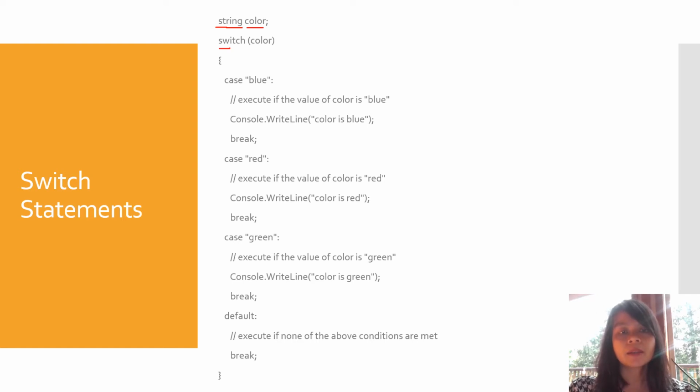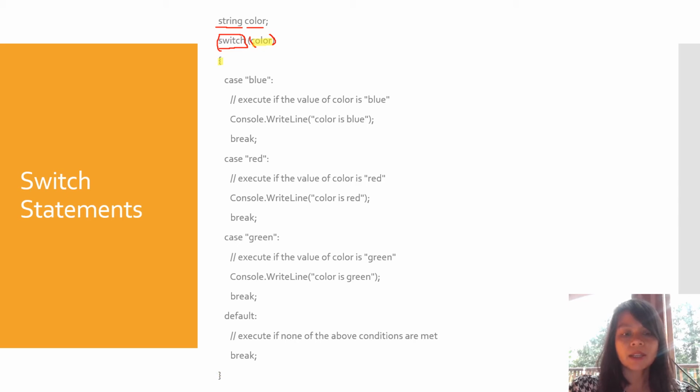The syntax is you write switch, and then in the parentheses, you write the variable name. Again, that's switch, and then in the parentheses, you write the variable name, all right? Then you have only one set of curly brackets.